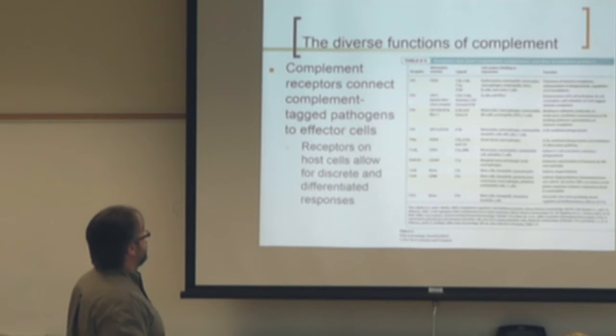The C receptor 2, its ligands, this is what it's going to bind to: C3d and g. So these are further breakdown products of C3b, which gets further broken down into d and g, and these enhance B cell activation.